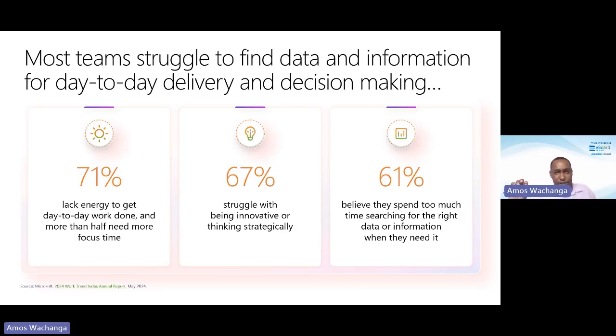Besides finding the information, when the teams work in the day-to-day achievement of your core mission, you lack the energy because at times you're trying to get some reports out, you're trying to get some information to a particular donor or a partner, and finding all the information across the various teams becomes a bit of a challenge. And of course, there is also the other aspect of some of the processes that you have becoming a hindrance in terms of how you deliver on your core mission.